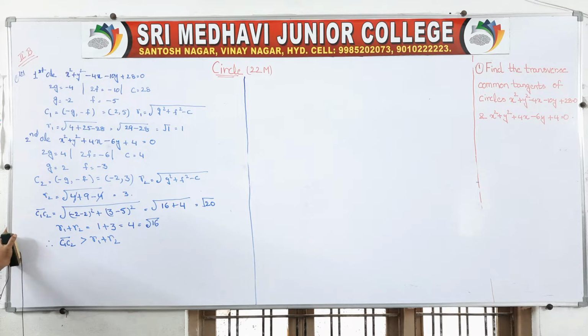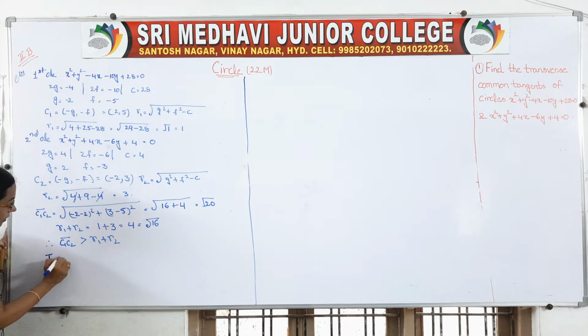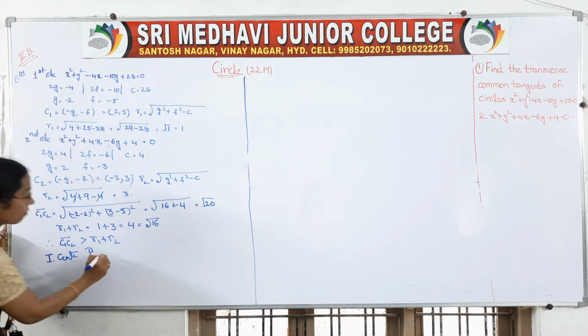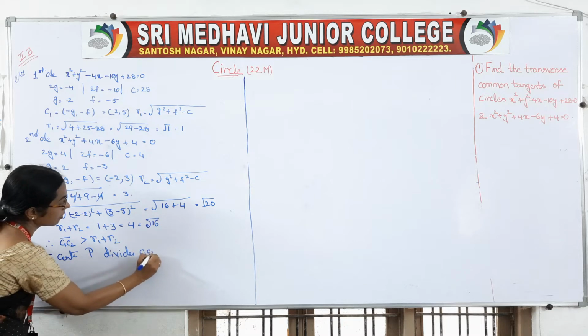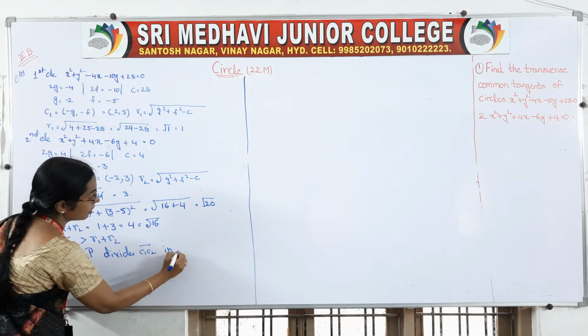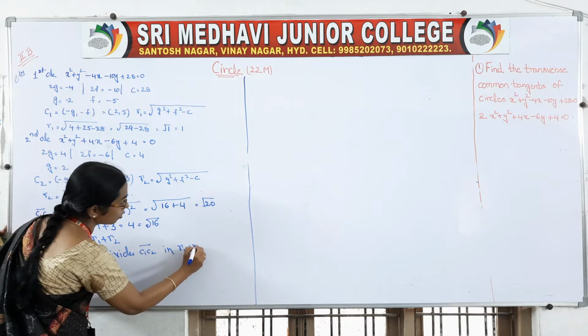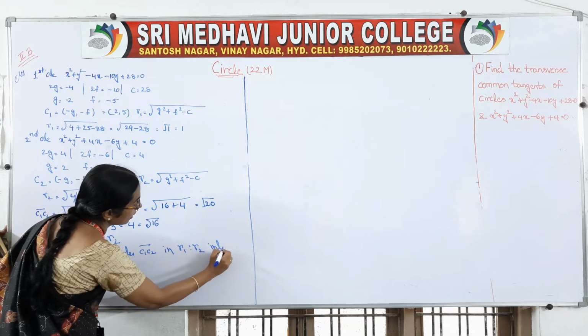For that, first we will find the internal center, and at that we will take the pair of common tangents. The internal center we will consider as P, which divides the line c1 c2 in the ratio r1 is to r2 internally.